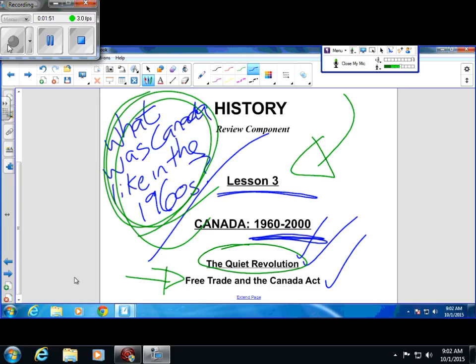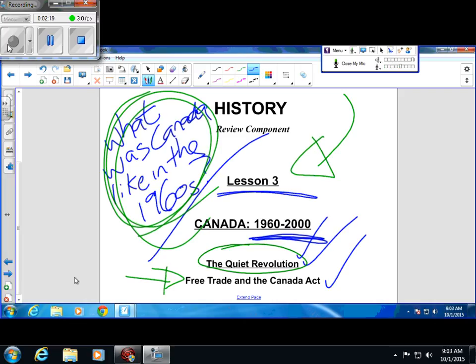Like always, I'm going to do a quick review of what we talked about last class so that you can refresh your memory when doing your assignments, or if you missed it, you can go back right now and answer those questions. We'll do a brief review on the Quiet Revolution, and then we'll talk about the Canada Act and the Free Trade Agreement.